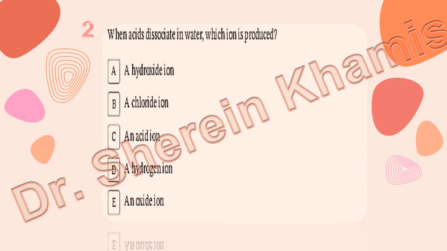Question 2 says: when acids dissociate in water, which means they dissolve in water, which ion is the product? We have the radical group of the compound, and the main ion from forming the acid will be the hydrogen ion.